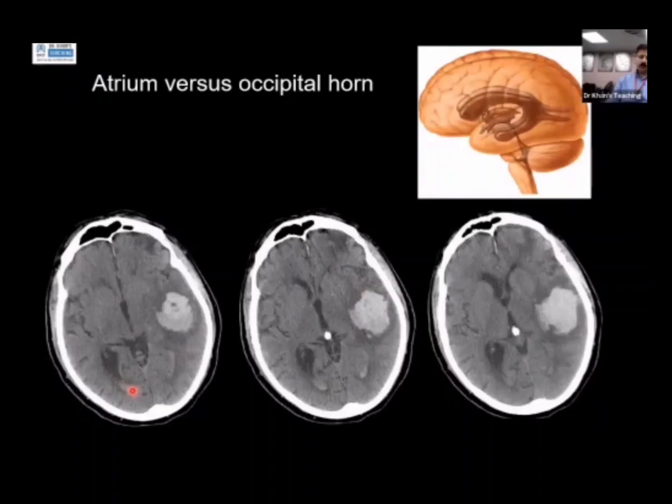Please remember, usually, particularly in young patients, you don't see the occipital horn because it is compressed. But at times, when it is full of blood, you might see it like this. And this has been asked in the exam, and at times people confuse it and they say that there is intraparenchymal hemorrhage. So just wanted to show you that occipital horn can be there, and there can be blood in the occipital horn.